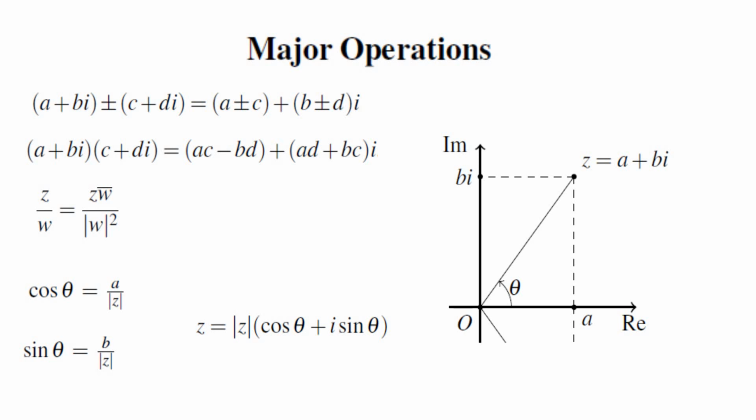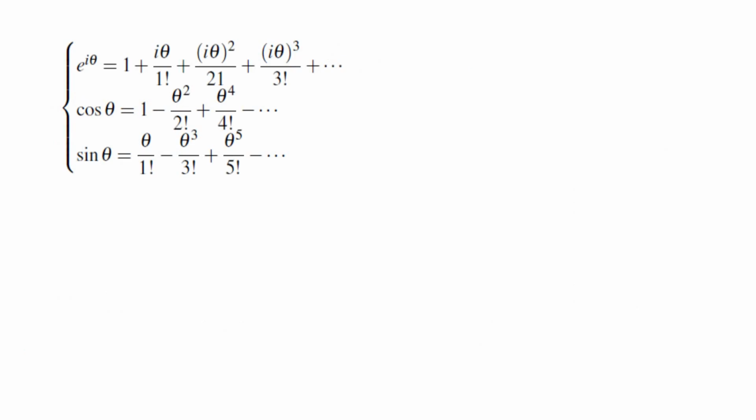Now let's use some facts from calculus. We know the power series for cosine and sine. For cosine it is 1 minus theta squared over 2 factorial plus theta to the fourth over 4 factorial, and so on, and for sine it is theta over 1 factorial minus theta cubed over 3 factorial plus theta to the fifth over 5 factorial, etc. And using the power series for e to the power of x, we get 1 plus i theta over 1 factorial plus (i theta) squared over 2 factorial plus (i theta) cubed over 3 factorial, etc. If we take cosine of theta plus i sine of theta, it happens to be e to the power of i theta.